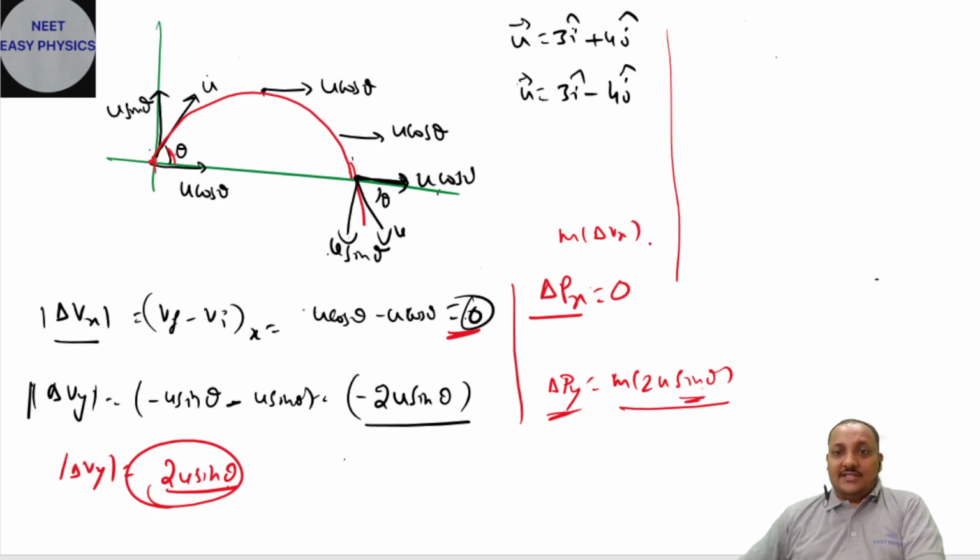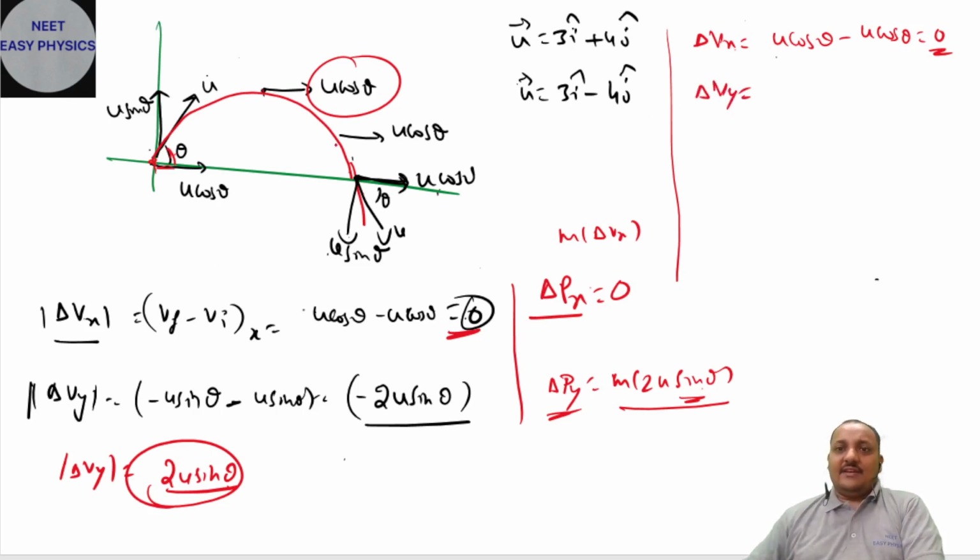Now, what is the change in velocity at maximum height along the x-axis and y-axis? Delta Vx: at maximum height, the final velocity is u cos theta, and the initial velocity is u cos theta. Therefore, the change in velocity along the x-axis is always 0. Now see the change in velocity along the y-axis.